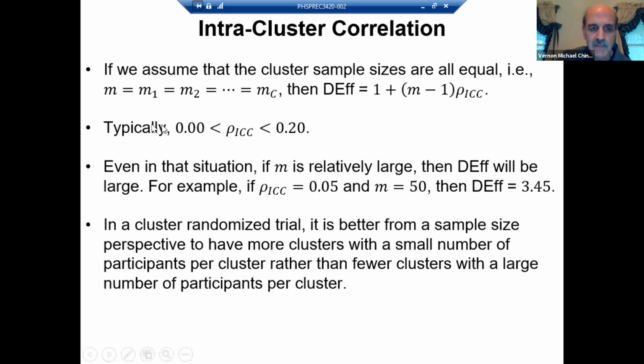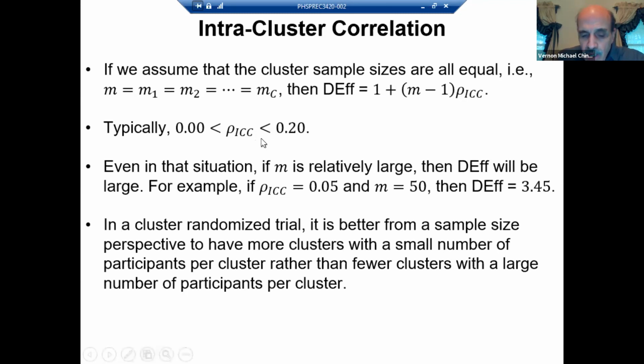I'll call that sample size M, so each cluster will have M individuals. Then we get a nice expression for the design effect. It's simply 1 plus the cluster sample size minus 1, times the intra-cluster correlation.